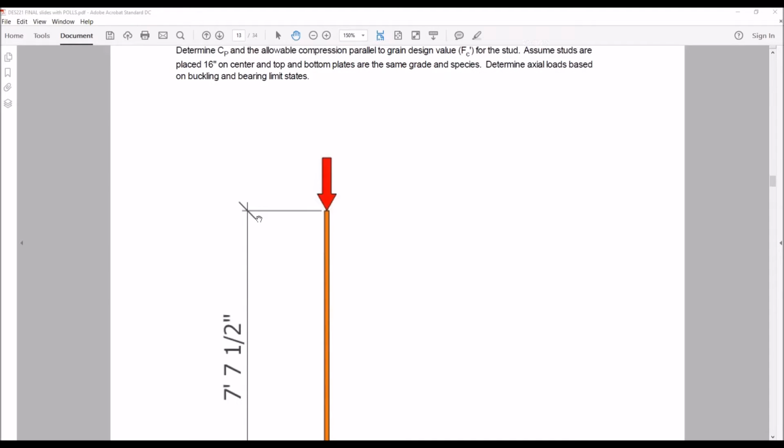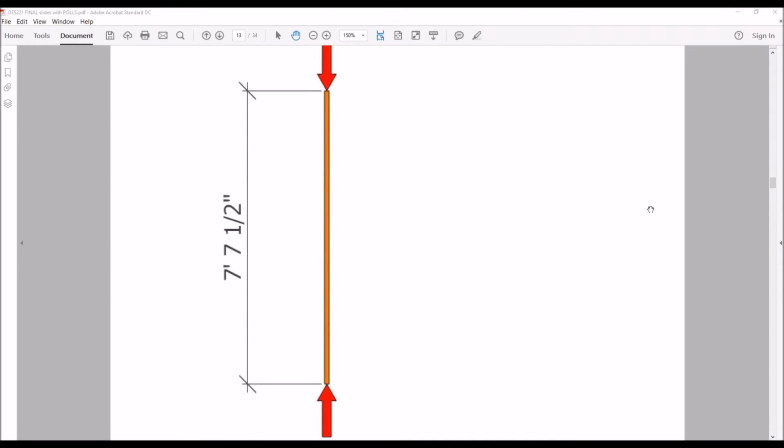As we scroll down, this is an illustration of our stud. Before too many of the engineers get too carried away pointing out that yes, we're assuming a pin-pin connection, I recognize that we do have forces that would occur at these pins at the end of this column.